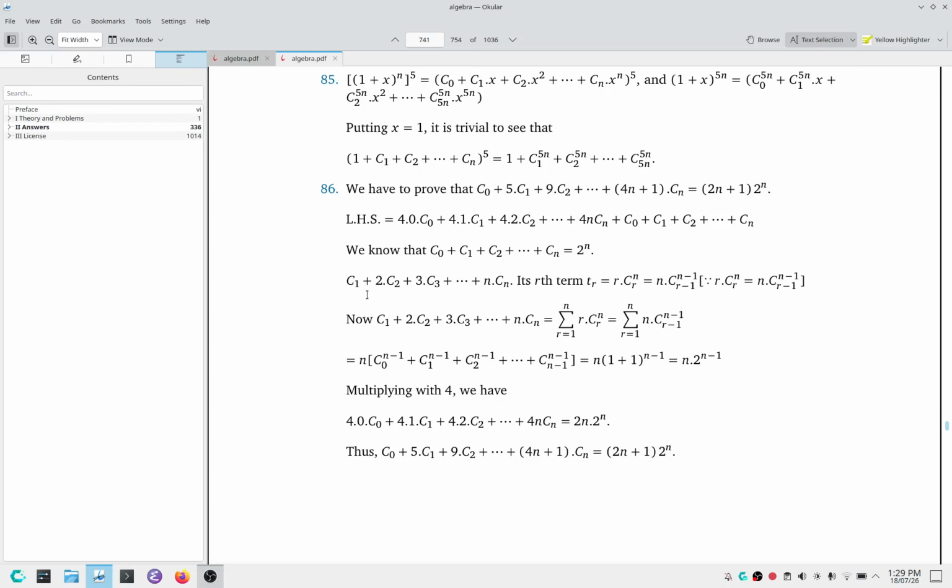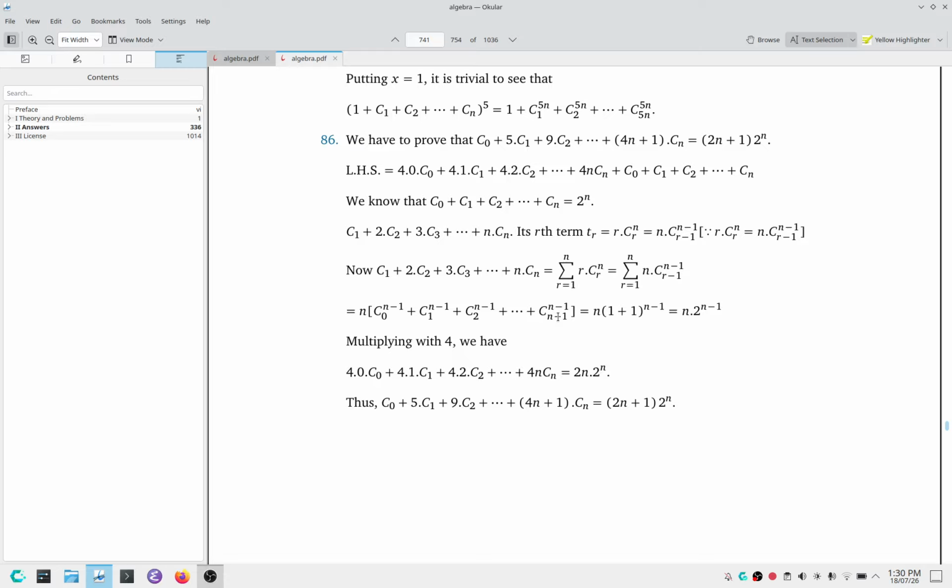Now C1 plus 2 C2 plus 3 C3 up to n Cn, we consider that series, and the rth term is r times nCr, which is equal to n times (n-1)C(r-1). And we find the sum by taking the sum of this term from r is equal to 1 to n, which we have already deduced in earlier problems, which is equal to n times 2^(n-1).